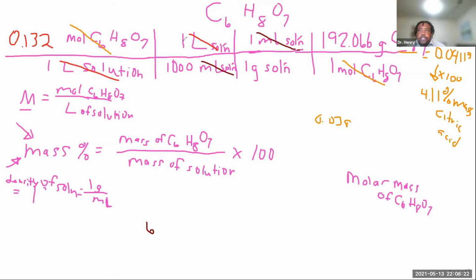So we change our liters into milliliters because we know that the density of our solution is about the same density of water. So the density of solution is going to be 1 gram per milliliter. So then we can switch that around. We have 1 gram at the bottom of solution, 1 milliliter up top. So then milliliters are going to cancel each other out. These liters are going to cancel each other out. And so we're left with up top, moles over grams.